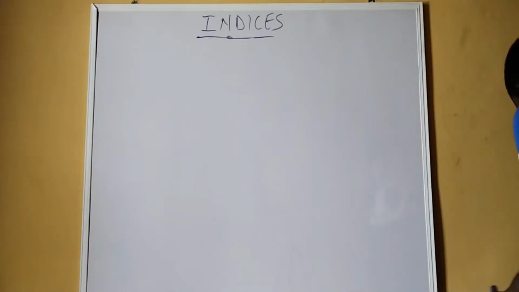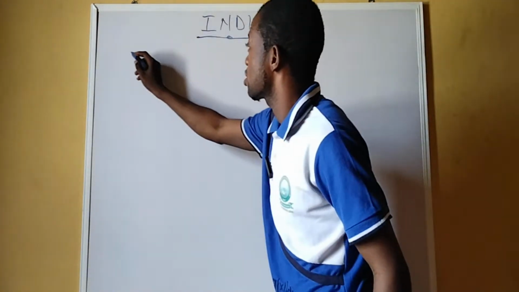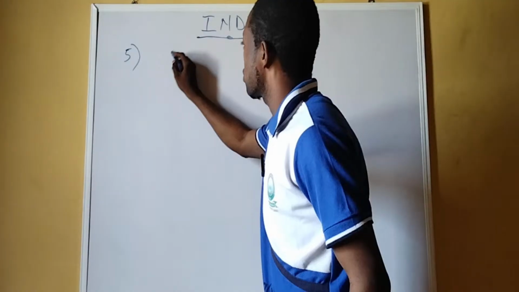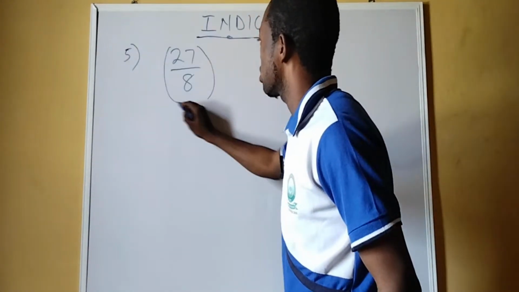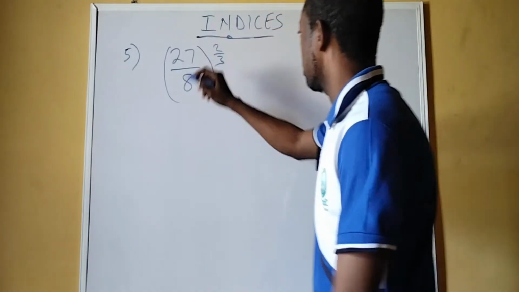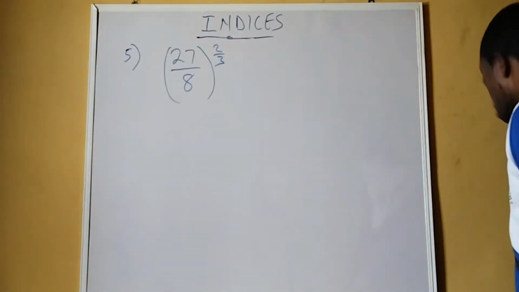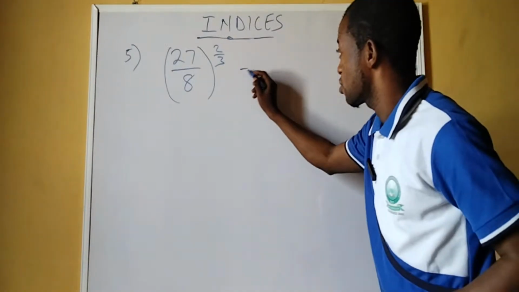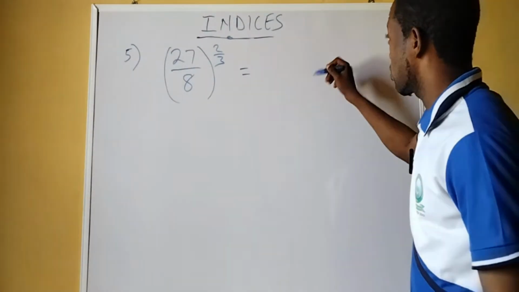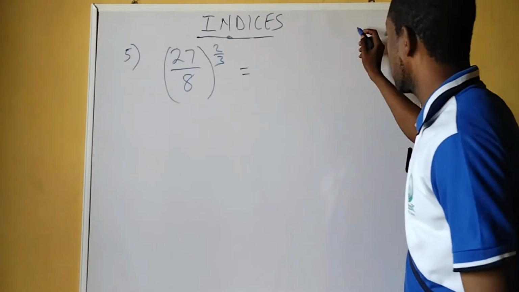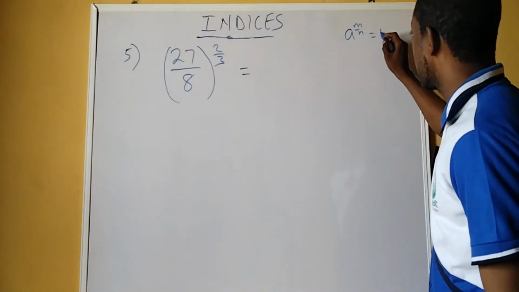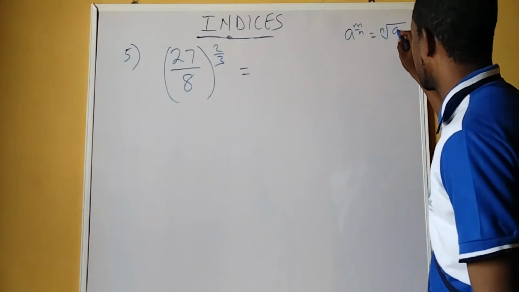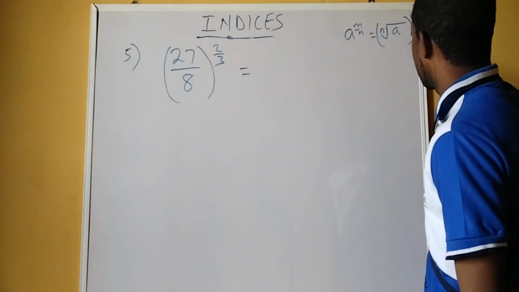In this question number 5, we have to simplify 27 over 8, all raised to power 2 over 3. Easily, I can use the method of fractional index. Fractional index: a raised to power m over n is the same thing as the nth root of a raised to power m.